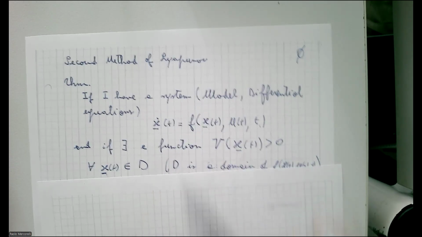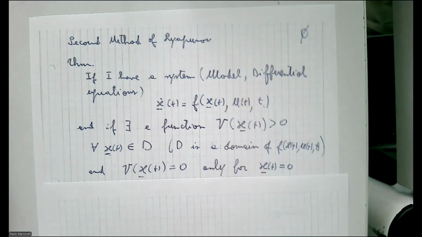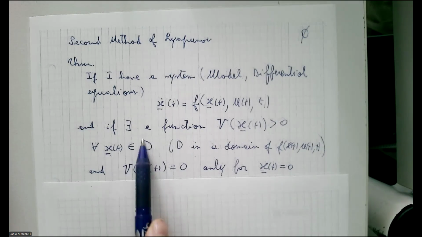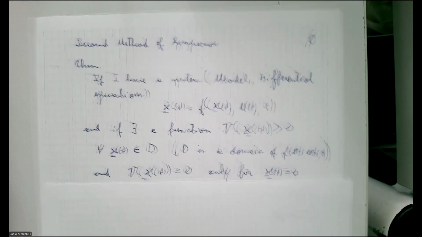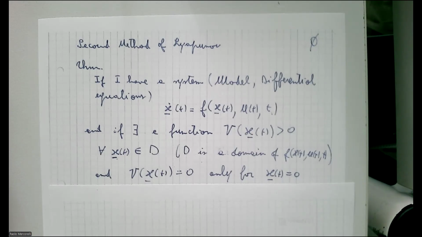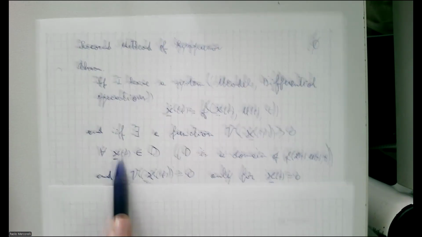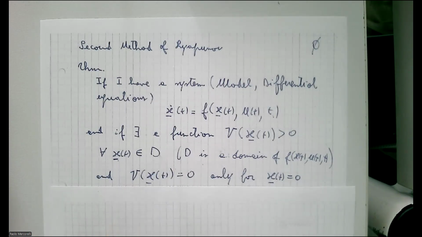A positive function, we will see with an example, in a domain of x. Let me say, roughly speaking, in order to clarify, that the domain D is all the possible domain in which we have the definition of x. Anyway, mathematically, we have a domain for the states.